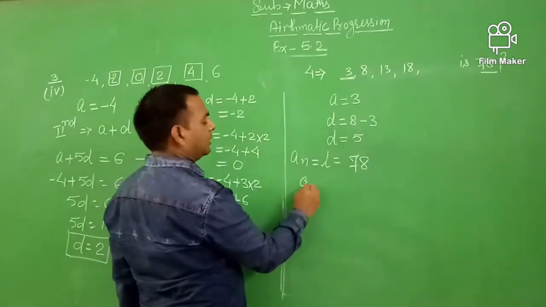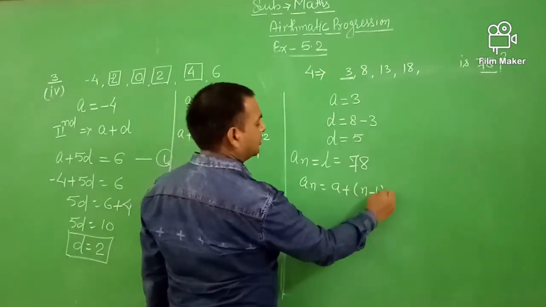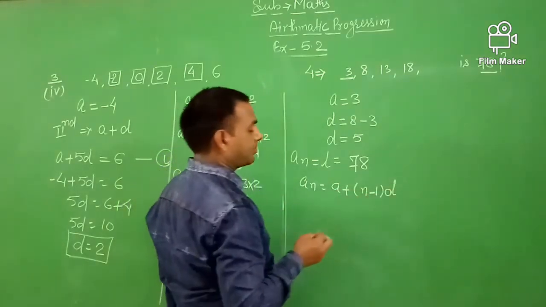So you apply the formula an is equal to a plus n minus 1 into d.